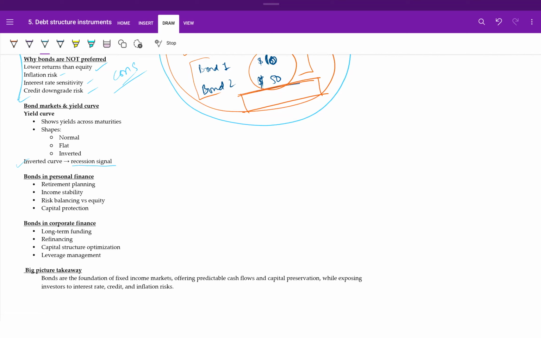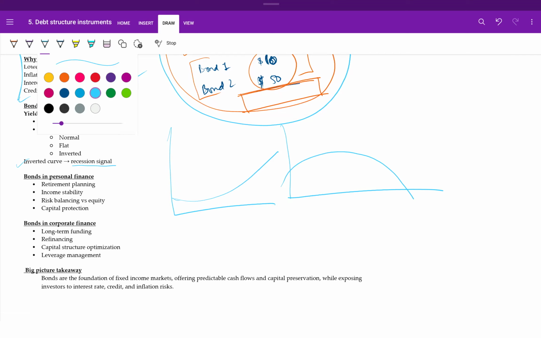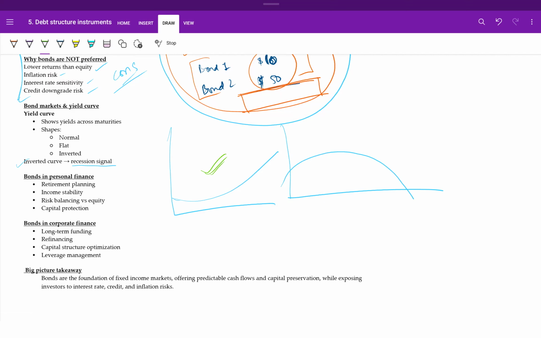If the yield curves are inverted in nature, that's a recessionary signal. Having this kind of yield curve is okay, but this kind of yield curve shows a recession. This is a recessionary signal.